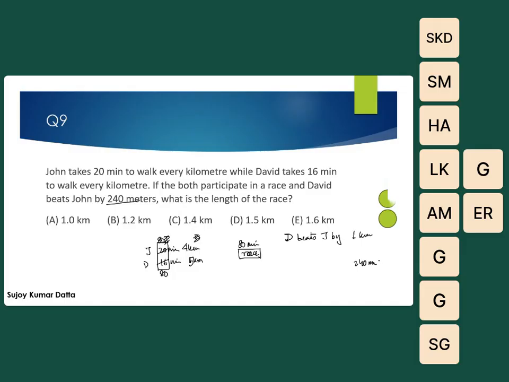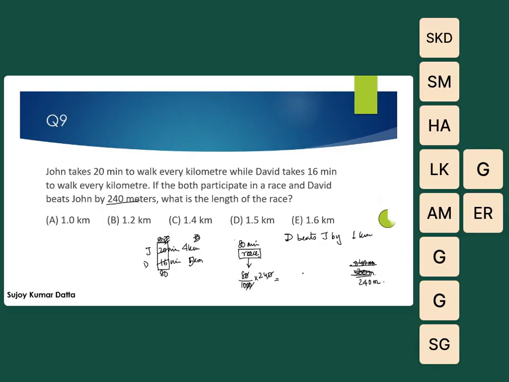So if this had to be, let's say, 500 meters, meaning half of a kilometer, the time would have also been half, in the same proportion. So that's the idea we are trying to go by. So this is 240 meters. So then this would be how much? 80 divided by 1,000 times 240. So 192 by 10.